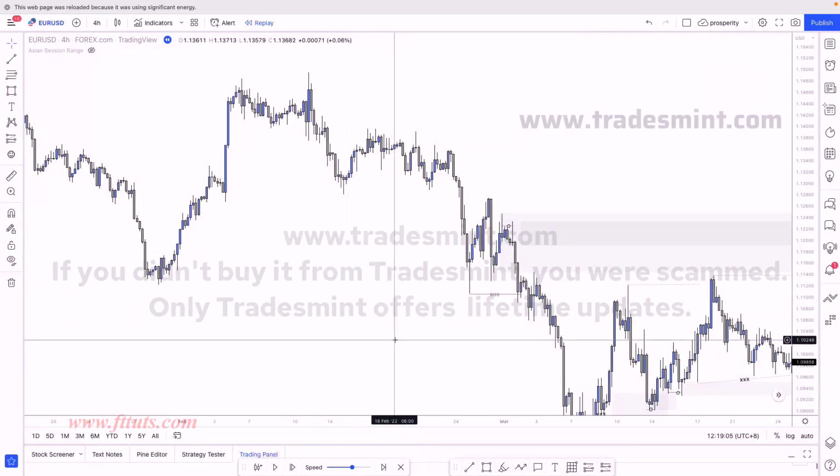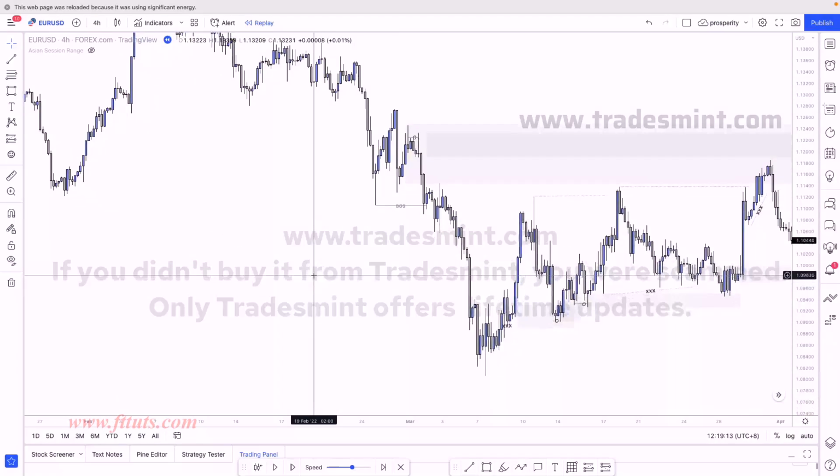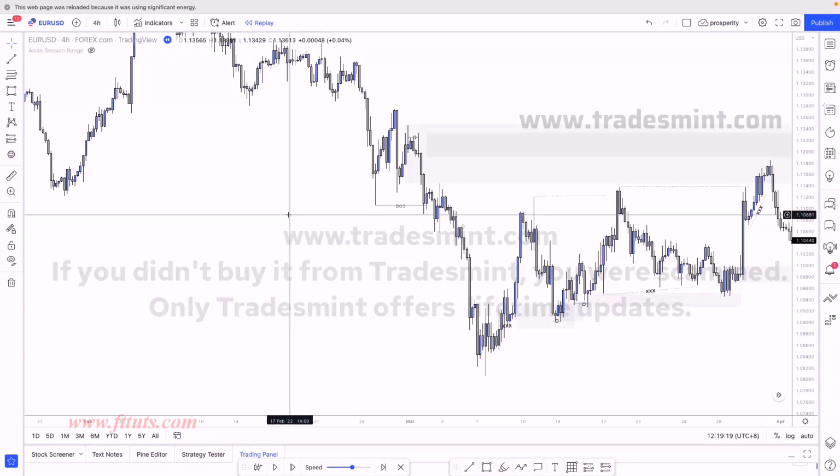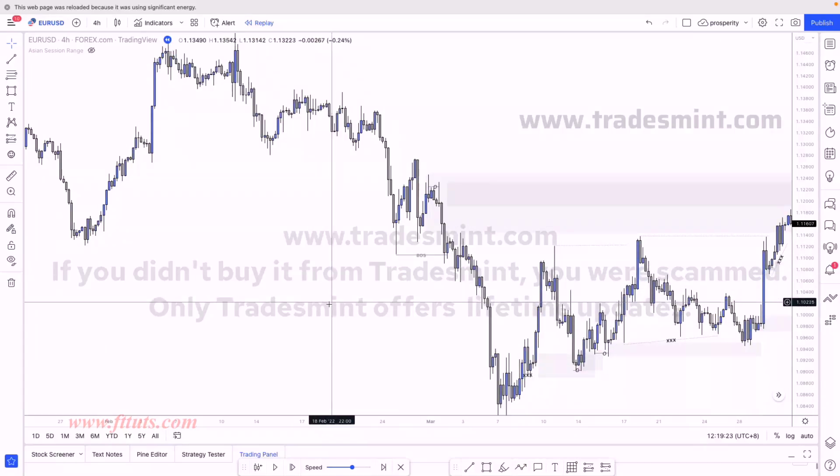Now, let's go ahead and discuss what is mitigated versus unmitigated. Now you understand why supply and demand levels work and why we use them, what they look like, and how to spot them. Now we need to understand how to know when you can use them. So we use only levels of unmitigated supply and demand to take entries from.